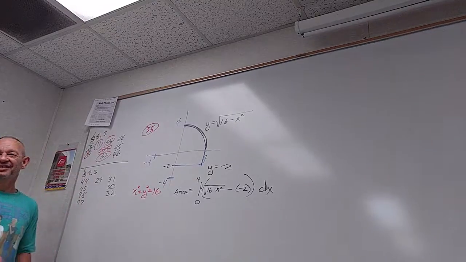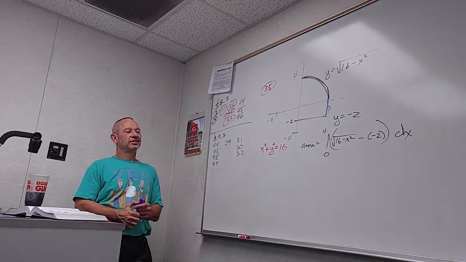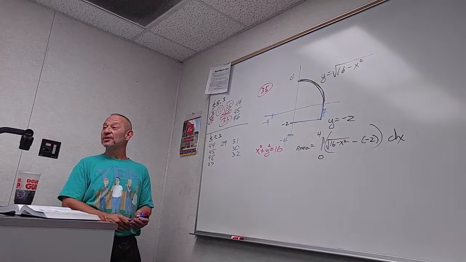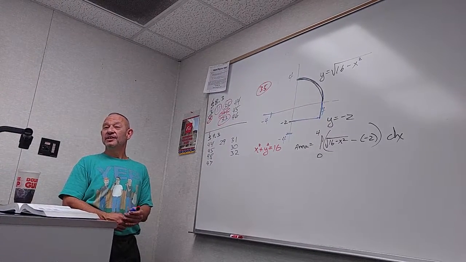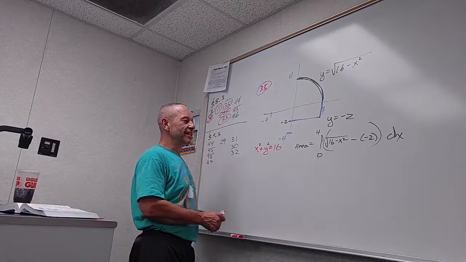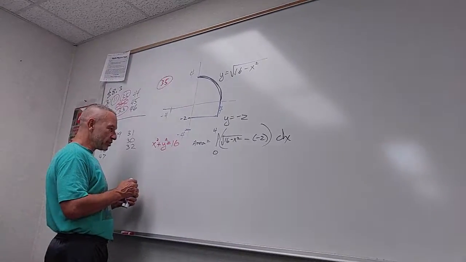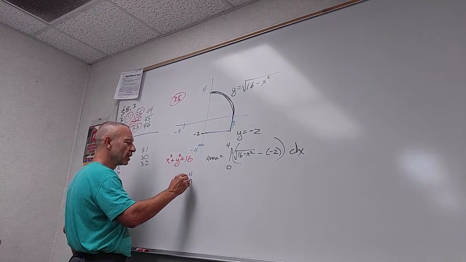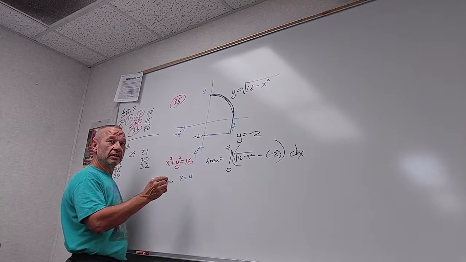Oh no. Rats. Shall we look that integral up in the table of integrals, or shall we actually do it? So you want a little bit of practice, I see that. So what shall we substitute here? X equals 4 sine theta?